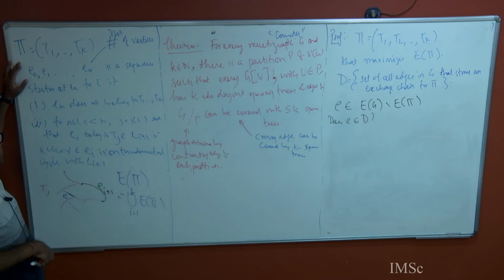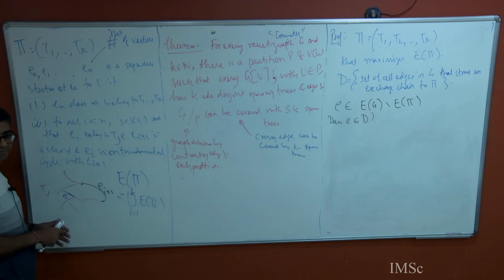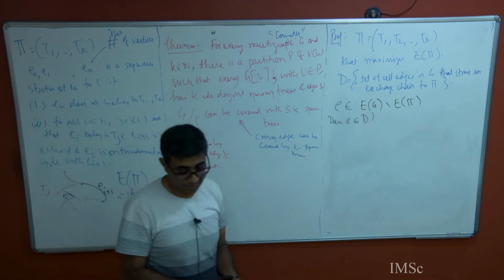Nothing. All these edges are on the fundamental cycle with some empty edges. Yeah, so this is the first magical part.